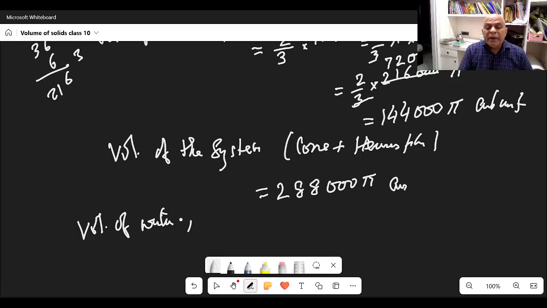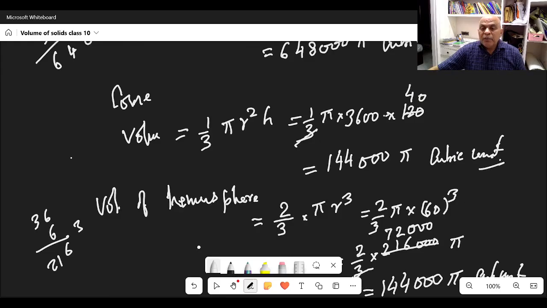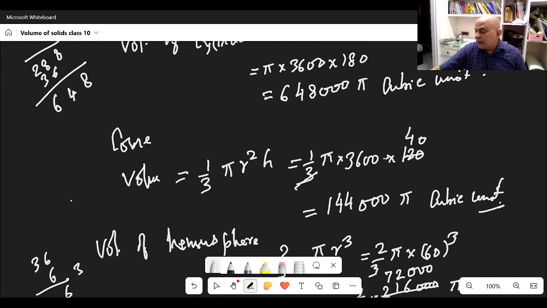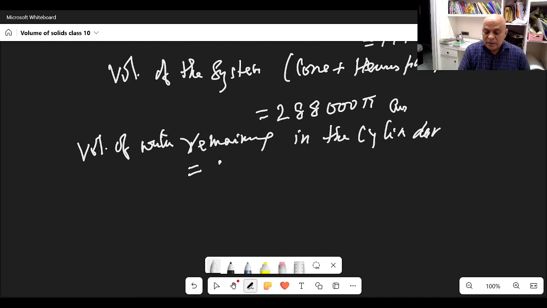Volume of water remaining in the cylinder will be equal to the first volume, 648,000 pi, minus 288,000 pi.